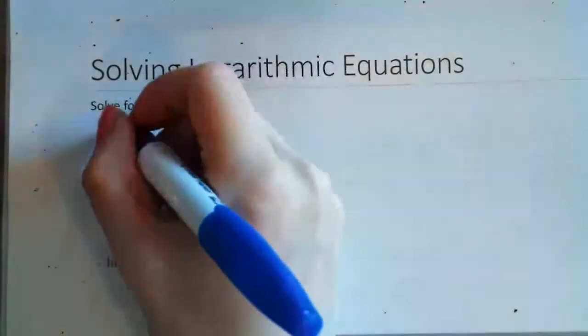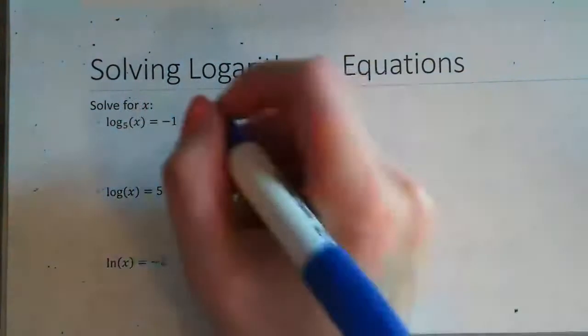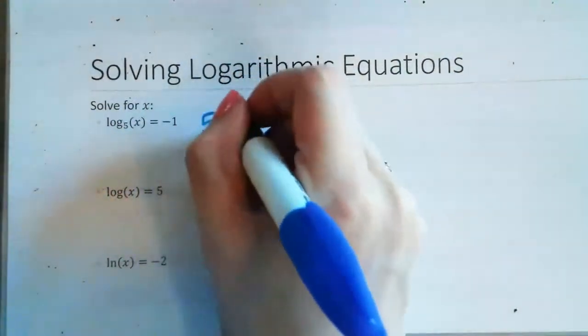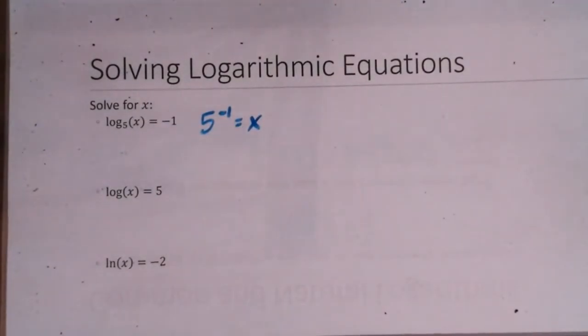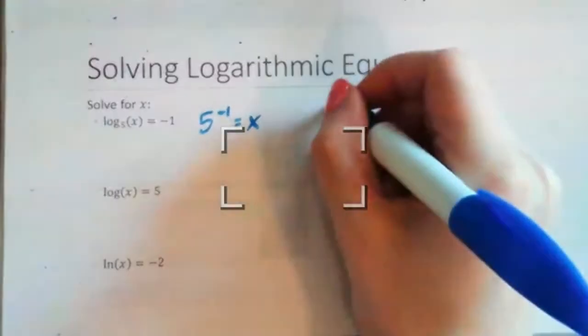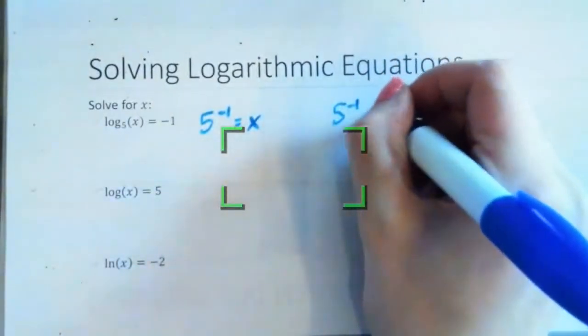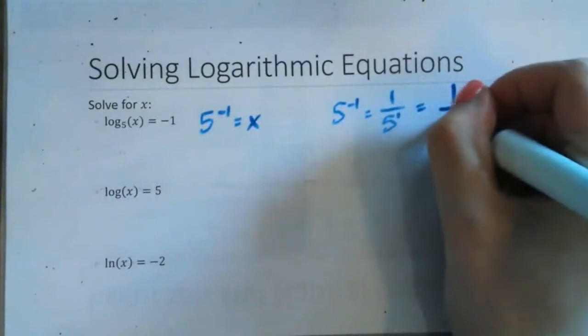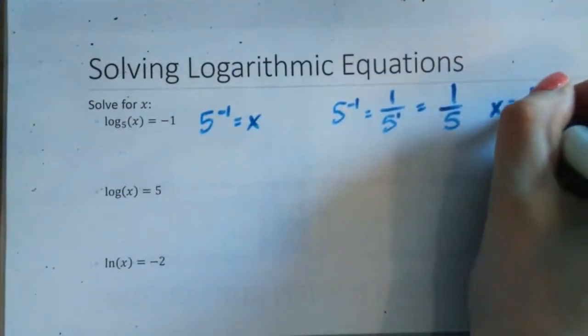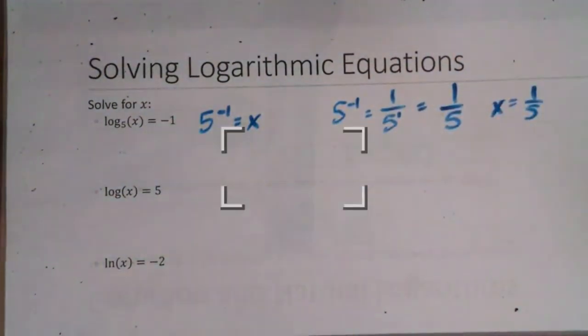If I put it in exponential form, I'll have 5 to the -1 power is equal to x. I've solved for x. I found what it is. But just so we can write it in a nicer form, 5 to the -1 is equal to 1 over 5 to the +1, which is just 1/5. So what we're really saying here is x is equal to 1/5.